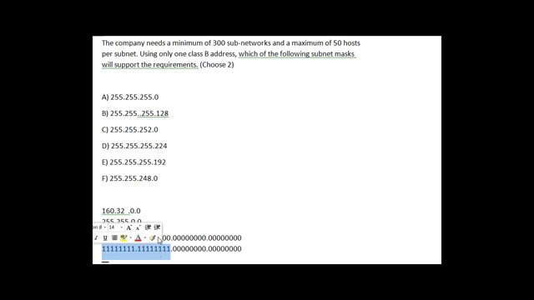This is our starting point. So all we need to think about are the third and fourth octets. That's the part we're subnetting, these last two octets. The zeros represent the hosts, and the ones represent the networks.